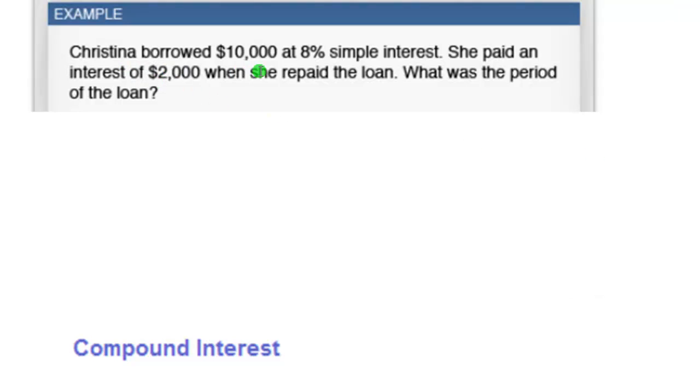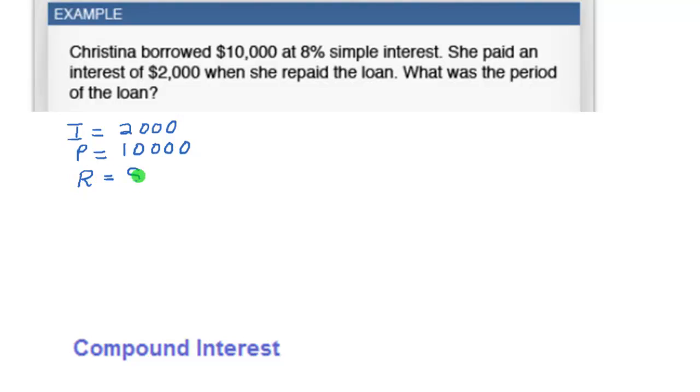Next. Christina borrowed $10,000 at 8% simple interest. She paid an interest of $2,000 when she repaid the loan. What was the period of the loan? So we're looking for T this time. They told us the interest is 2,000. P is the principal, the amount she borrowed, which was 10,000.